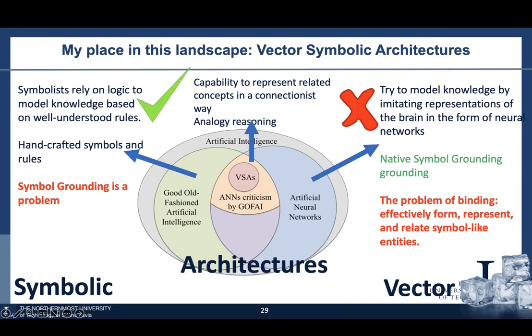However, the problem with neural networks is constructing non-trivial constructs about knowledge, connecting different representations together.